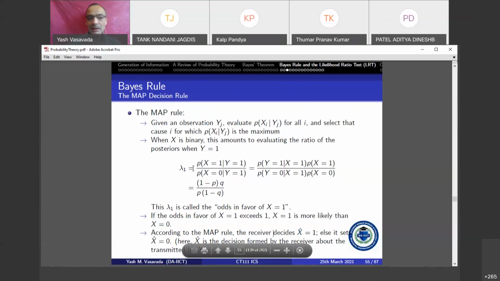My decision regarding the transmitted bit I am denoting by x hat. So the rule, the MAP rule, is that you calculate the ratio lambda 1 when you get y equal to 1. And then if that ratio is greater than 1, then you say x hat is equal to 1. If the ratio is less than 1, you say x hat equal to 0. What if the ratio is exactly 1?